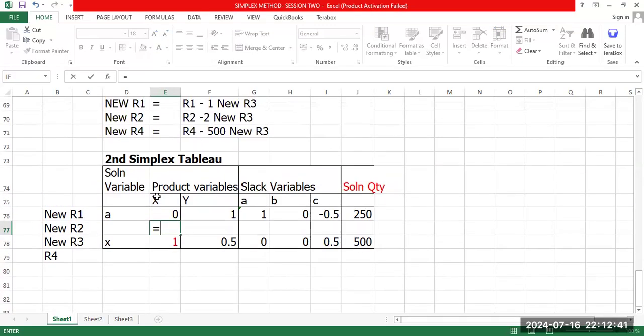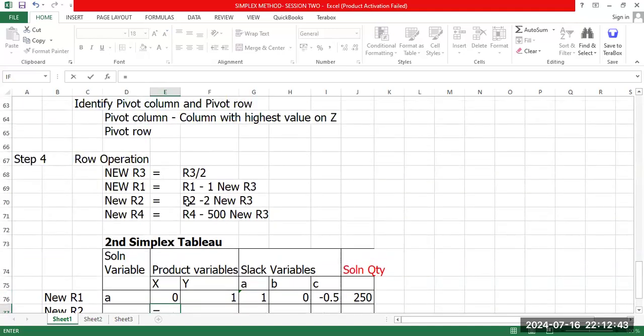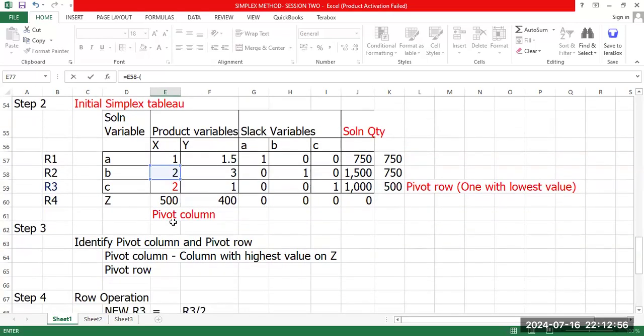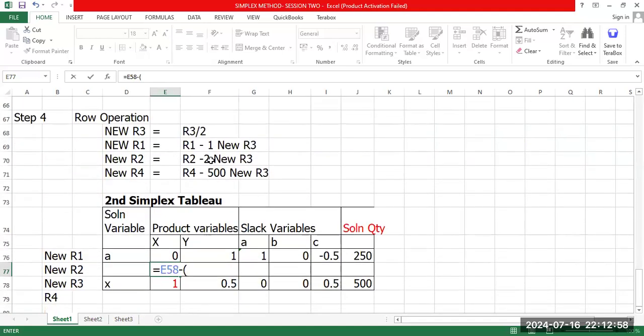You follow the same steps. For row 2, the figure that was here is 2 minus, open bracket, 2 times new row 3, which is this one.